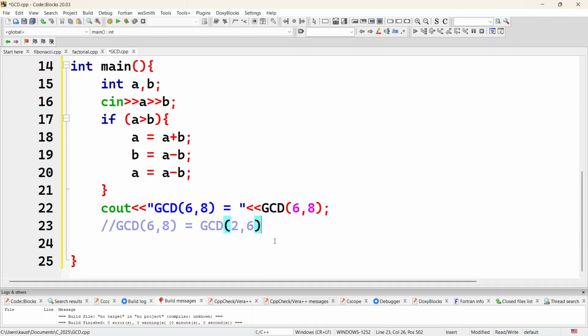Then in the next iteration, you take the mod of the larger number with the smaller number. So 6 mod 2 will be 0. So here you will have 0 and then the second will be the smaller one.